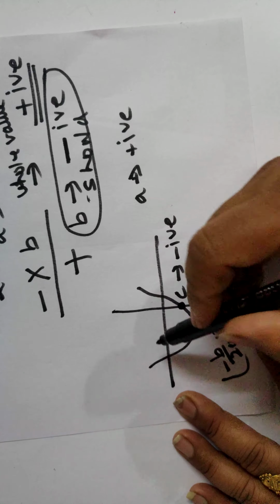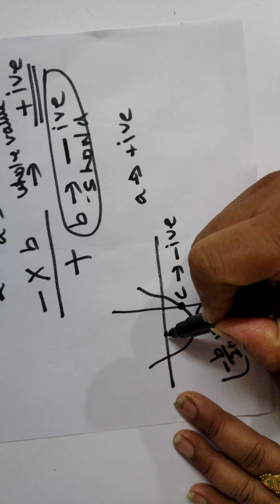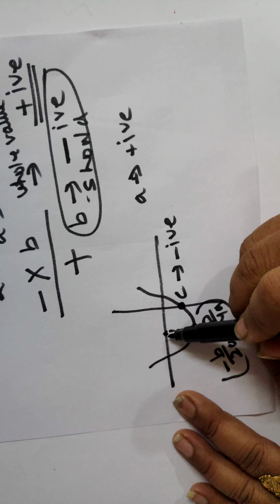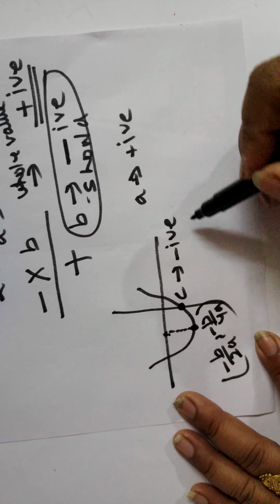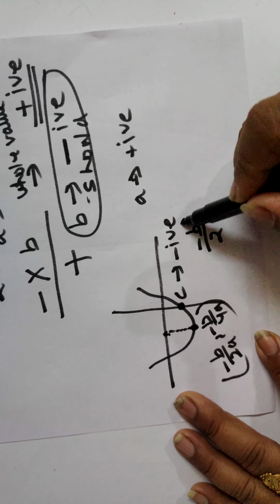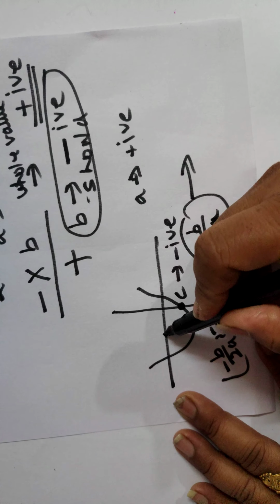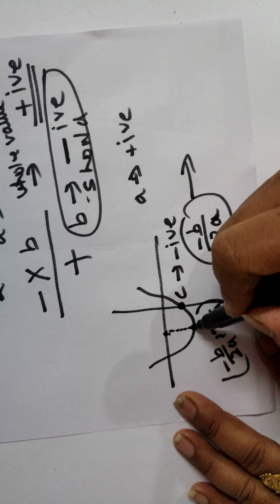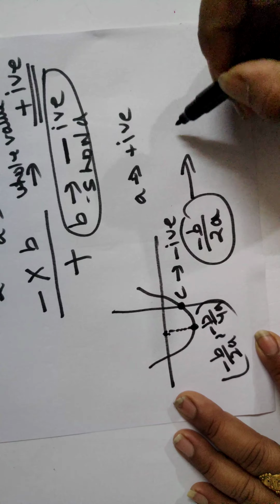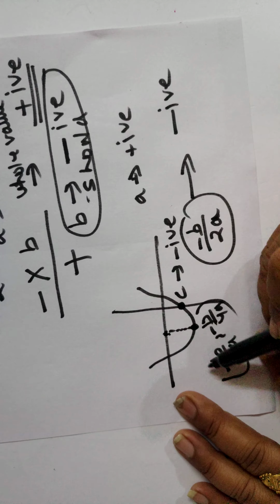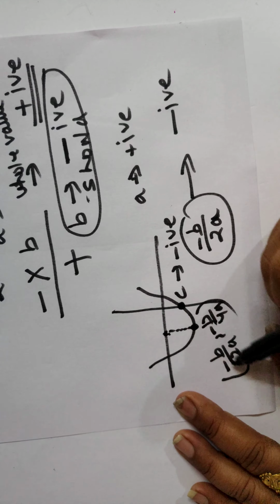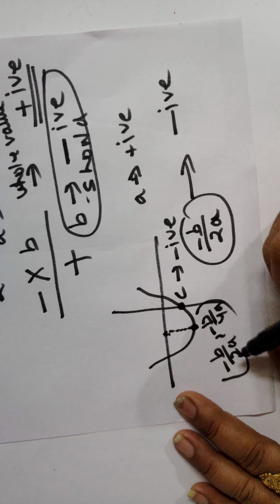Here the vertex is on the negative side of the x-axis, so we want minus b upon 2a, the whole quantity, to be negative. We are talking about the abscissa, the x coordinate.